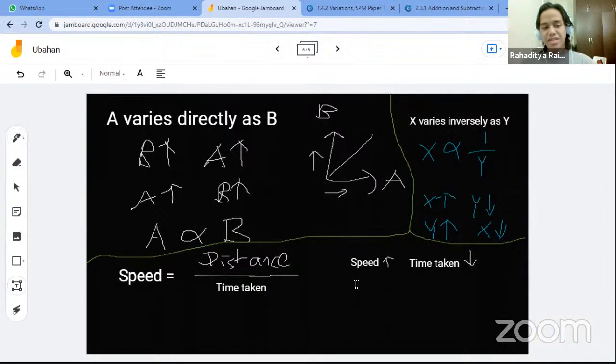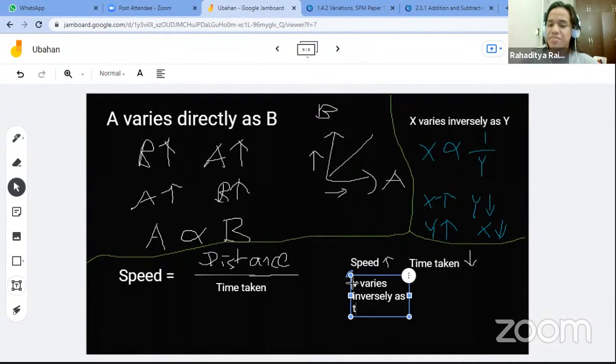So since we see that speed increases, time decreases, it's not always a guarantee, but in this case, I can say that speed, let's put speed as v, v varies inversely as t.